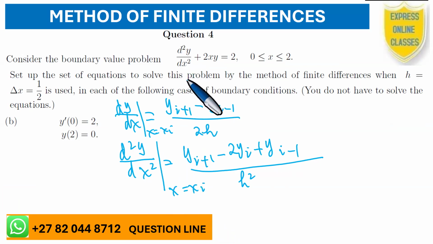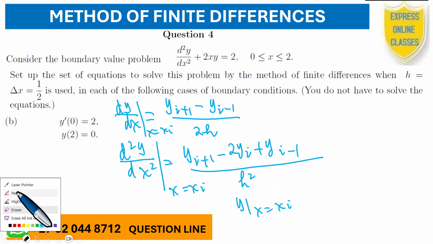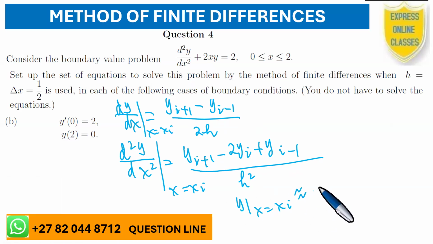So ordinarily you need to be able to remember these two formulas, but also when it comes to the method of finite differences, when you evaluate x at xi, you have yi. Okay, you need to also remember these three formulas, because by and large, every paper I've seen centers around this.